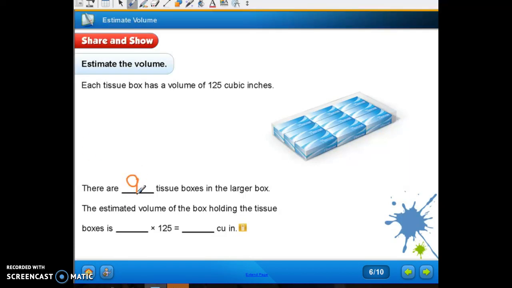The estimated volume of the box holding the tissues is 9 boxes times 125, because the volume of the box is 125. 1,125 cubic inches.